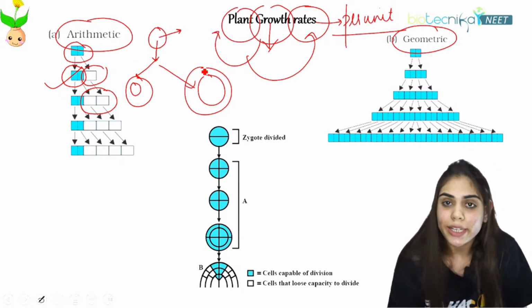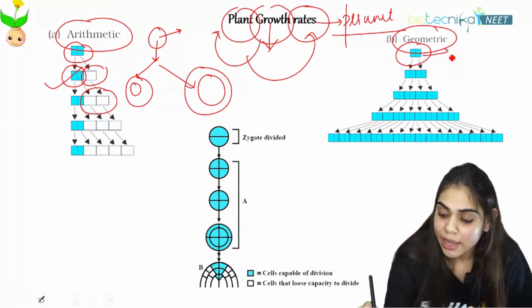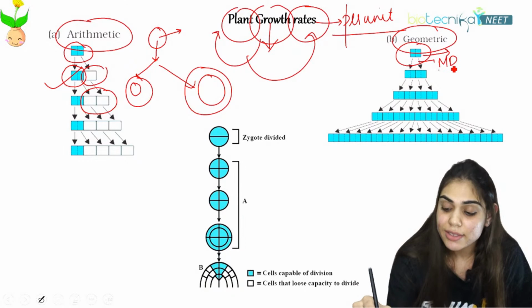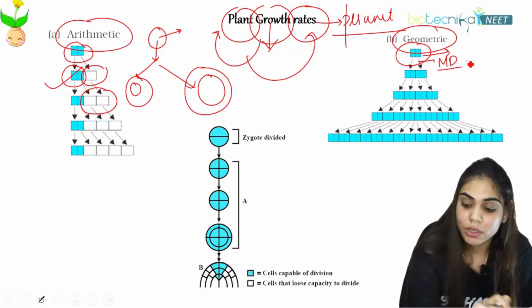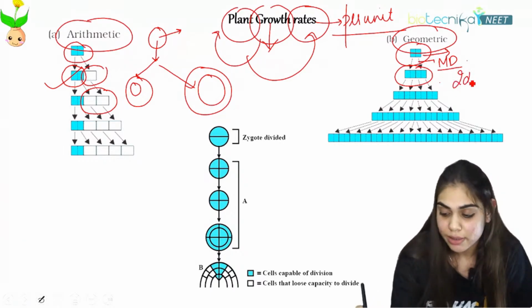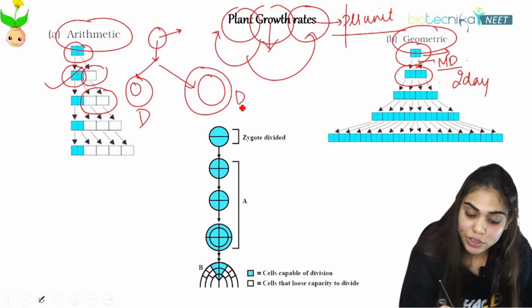But what about geometric plant growth rate? Every time, the cell that has the capability to divide will undergo mitotic division, as in the case of arithmetic growth. It will undergo division, but this time you will get two daughter cells. Here it was forming one daughter cell as well as one differentiated cell.